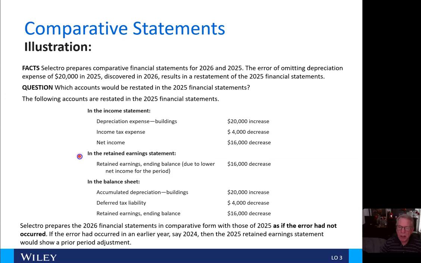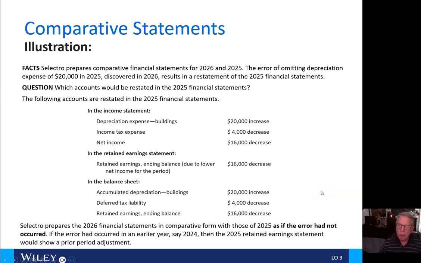In the retained earnings statement, retained earnings would have the $16,000 decrease resulting from the net income decrease, as shown here. In the balance sheet, accumulated depreciation for buildings would increase $20,000. The deferred tax liability would decrease by $4,000, resulting in a $16,000 decrease in ending retained earnings.